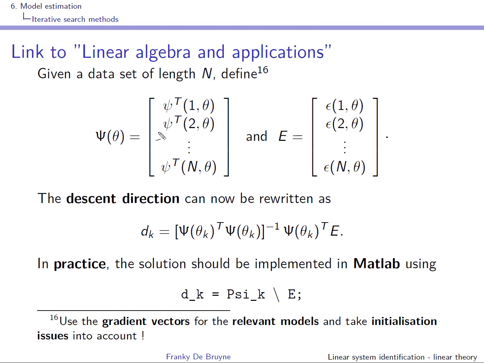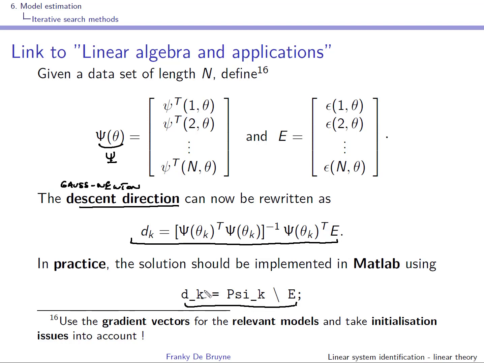So this is what we've written over here. So this is the C matrix in my previous explanation. The E matrix, we've seen that the descent direction, this is really the Gauss-Newton direction, can be written like this. Of course, you know from last year's course of linear algebra that you won't write it like this, but that you will write it like this.